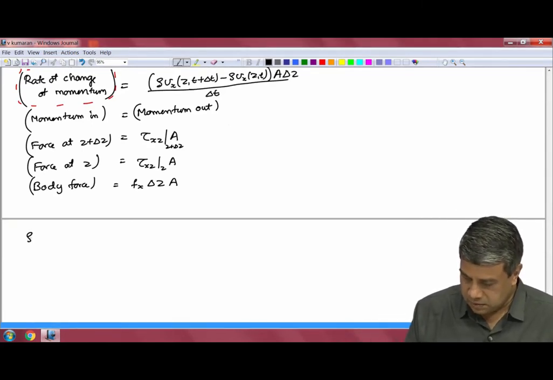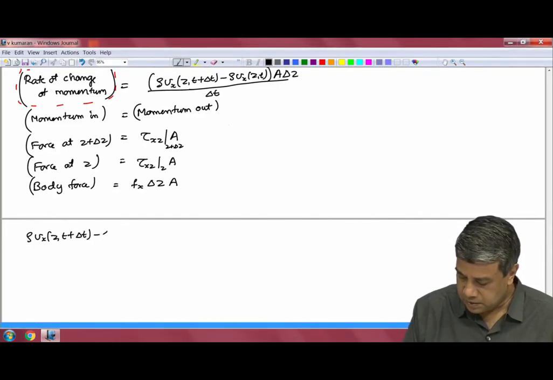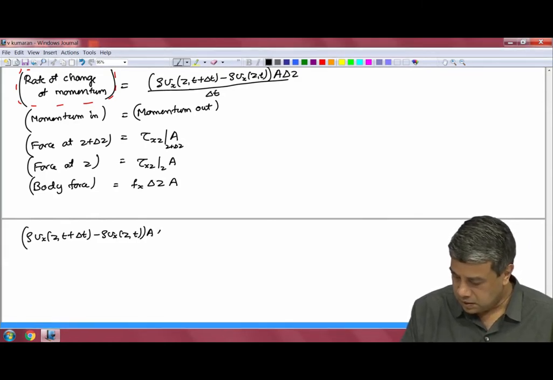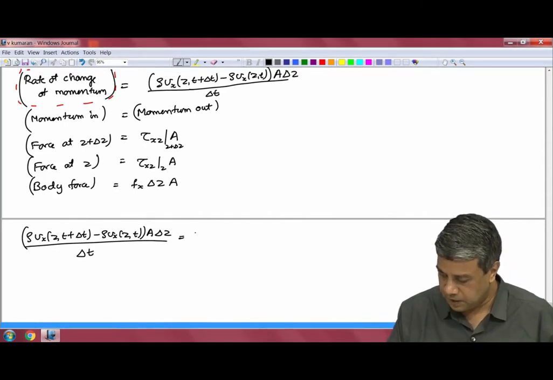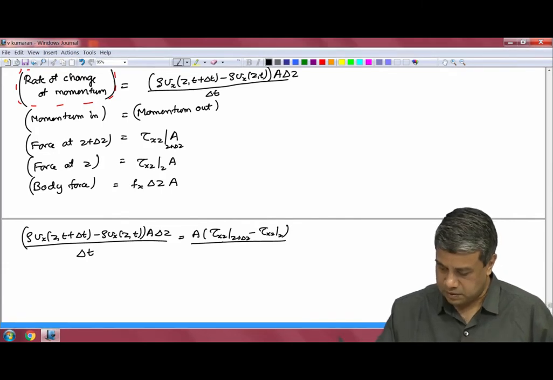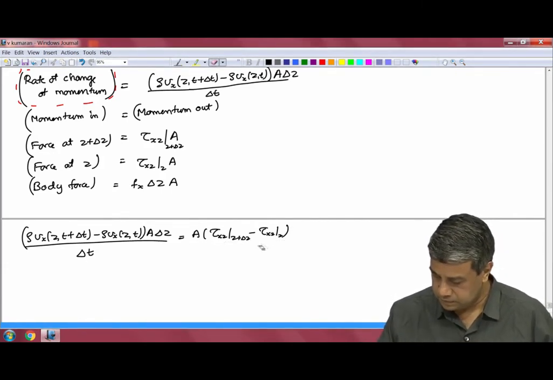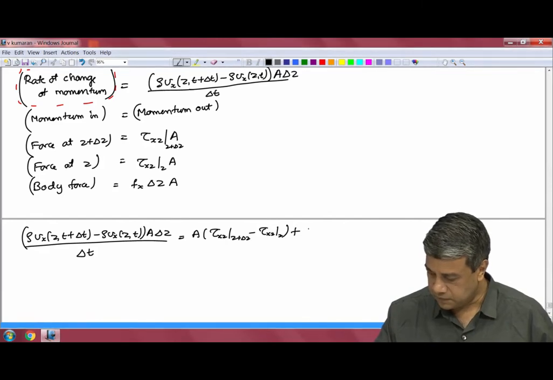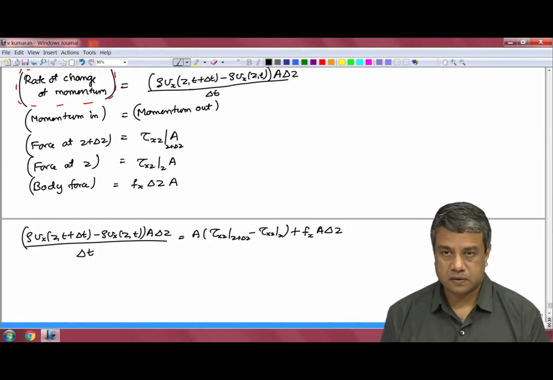Rho Vx at z, t plus delta t minus rho Vx at z, t, times A delta z by delta t, is equal to A into tau xz at z plus delta z minus tau xz at z, plus the body force Fx times A into delta z. So, this is for the total momentum.